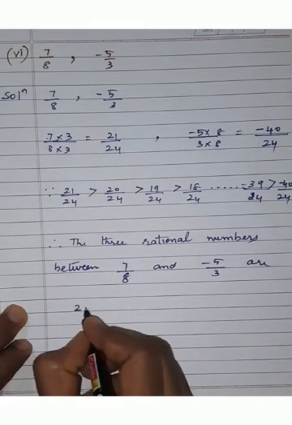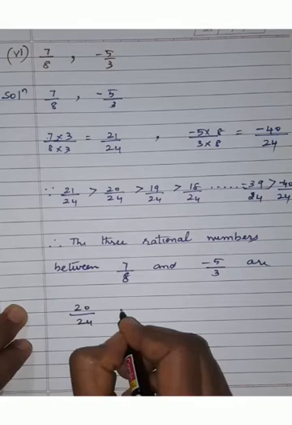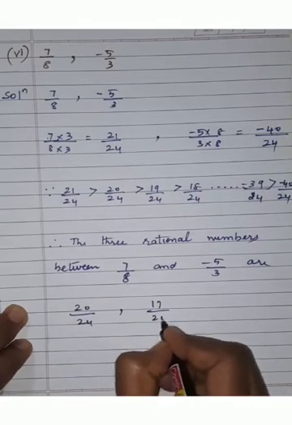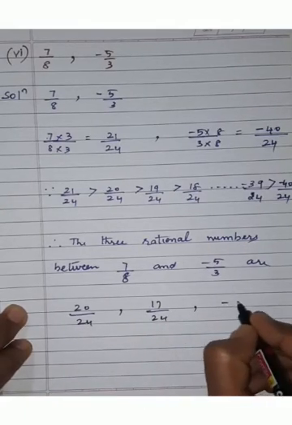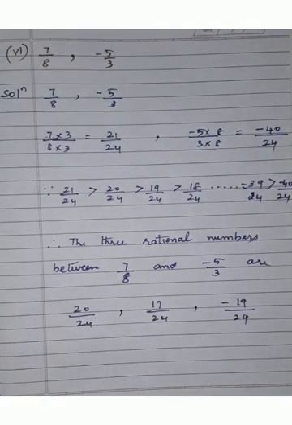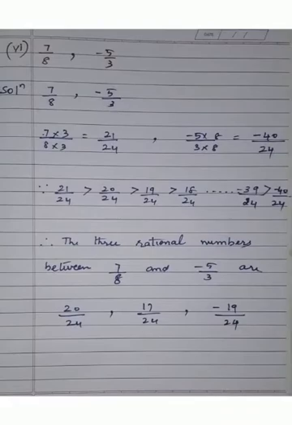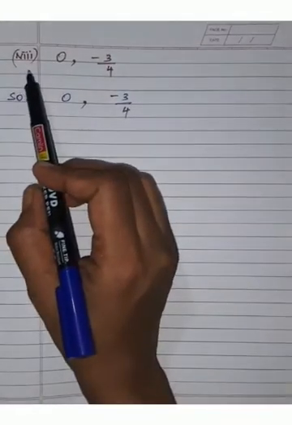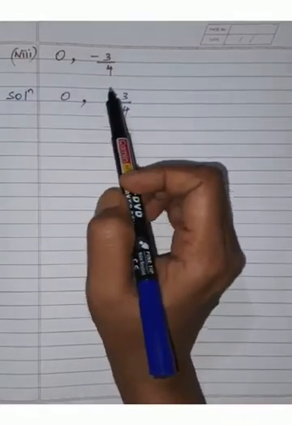Okay, so I will be writing 20 upon 24, then comma, 17 upon 24, comma, minus 19 upon 24. Is that clear children? Students, our 8th sub question is 0, comma, minus 3 upon 4.